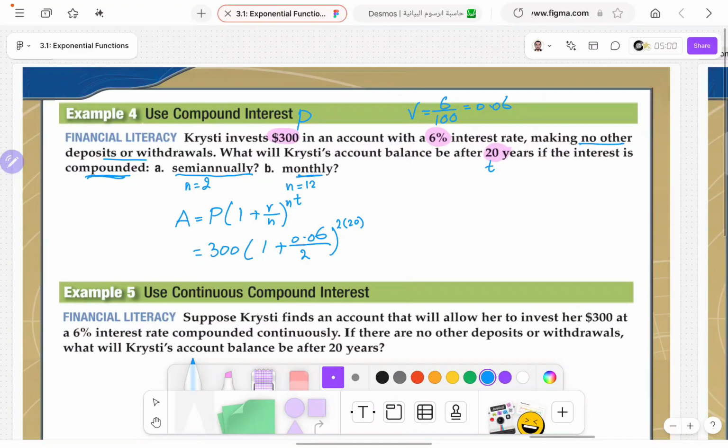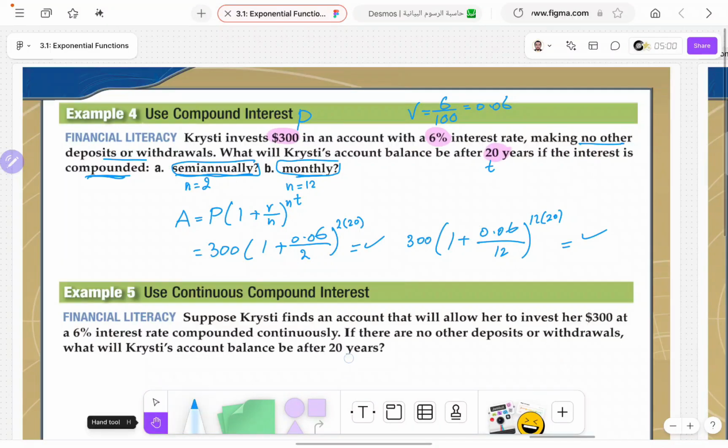This is for the semi-annual. Let's do it again for the monthly: 1 plus 0.06 over 12, to the power of 12 times 20. You will get a big huge number. We don't care about the big number; we just want to see how we can use the formula.